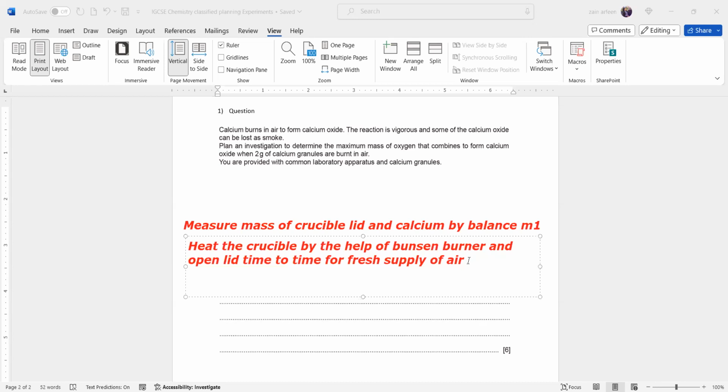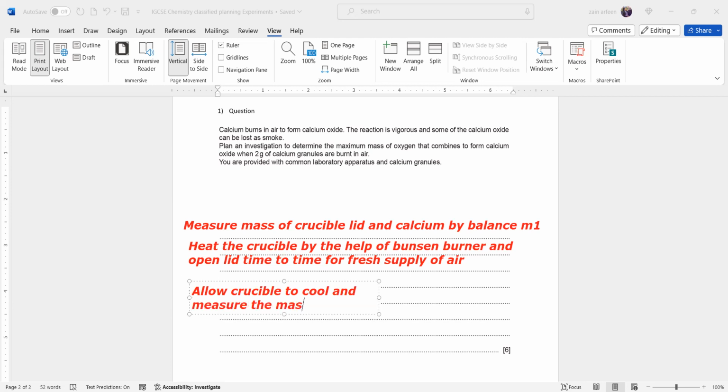Then we will measure the mass again. You can also mention to allow it to cool down and then measure the mass again, or reweigh, and then repeat the procedure until there is no change in mass, or until a constant mass.